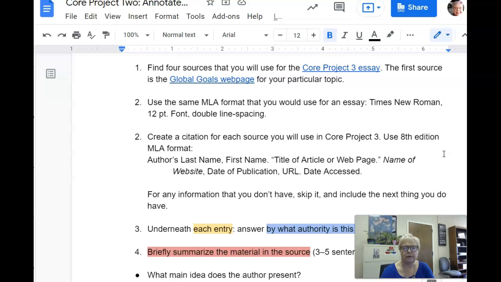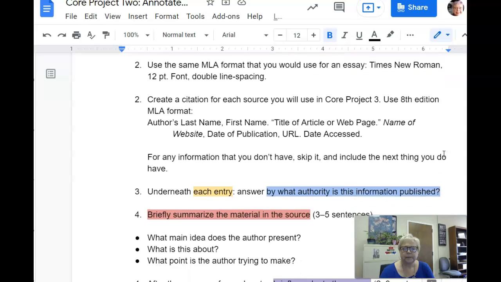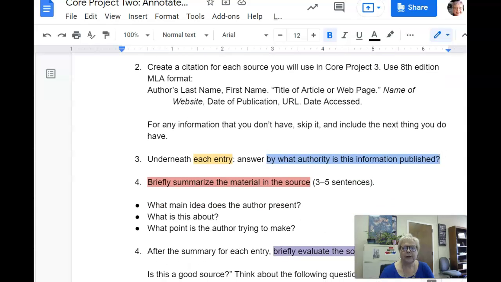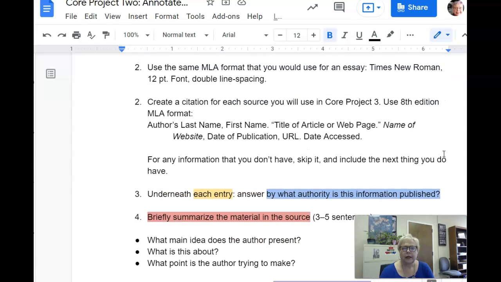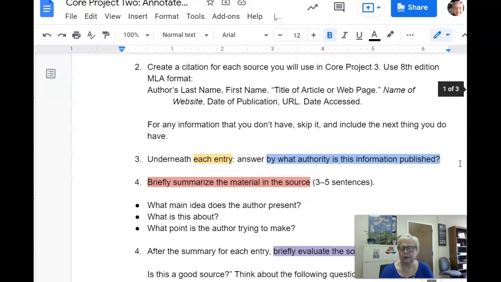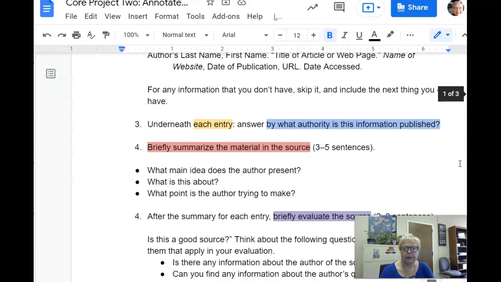You actually used the source in your paper. Your 4 sources, go ahead and make one of them the Global Goals page that you started with, because I'm going to give you an example of what that should look like and what it should have looked like in your Works Cited page for Core Project 3.